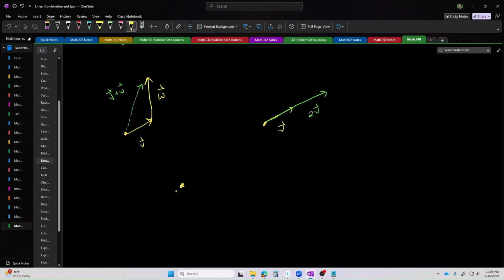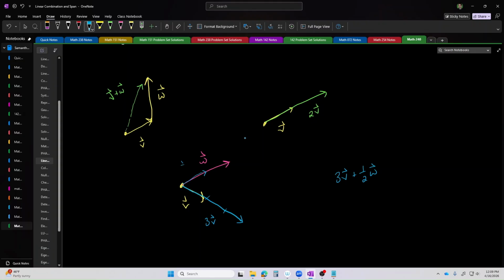For example, if v is equal to this vector, and w is equal to this vector, and I wanted to graphically make sense of a linear combination like 3v plus 1/2 w, then I could understand this particular linear combination by taking the vector v and making it 3 times longer than it was before, so roughly speaking here is 3v in blue, taking the vector w and making it half as long as it was before.